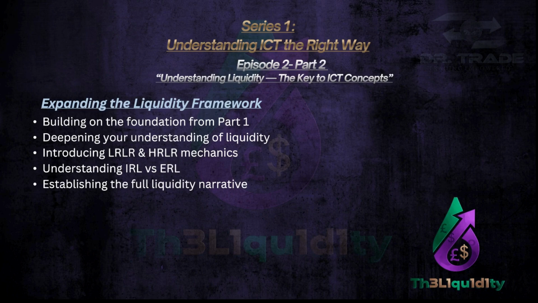And finally, we will be establishing the full liquidity narrative. By connecting these pieces, failure swings, internal cleanup, low resistance liquidity runs, high resistance liquidity runs, and the external draw, you'll begin to see the market as a structured, intentional delivery model and not random movement.